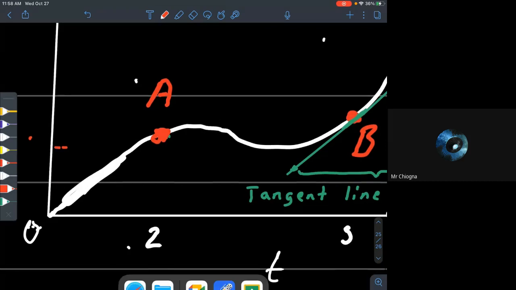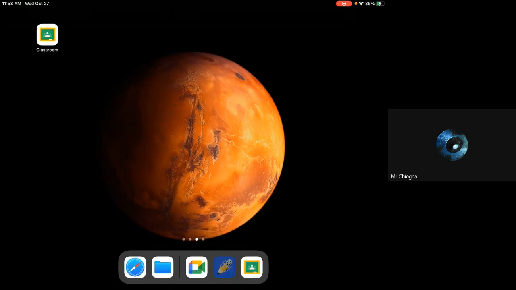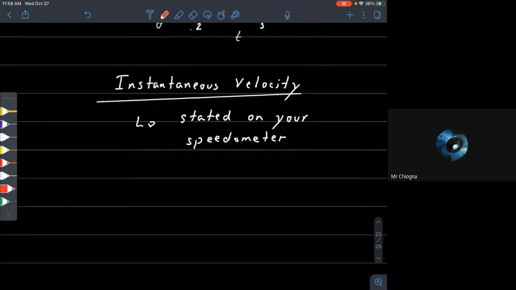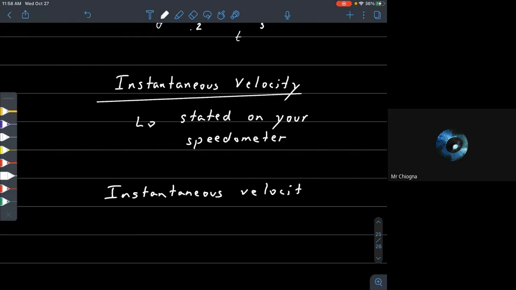So we want to make a note of that. The instantaneous velocity is the velocity at 1 point in time.